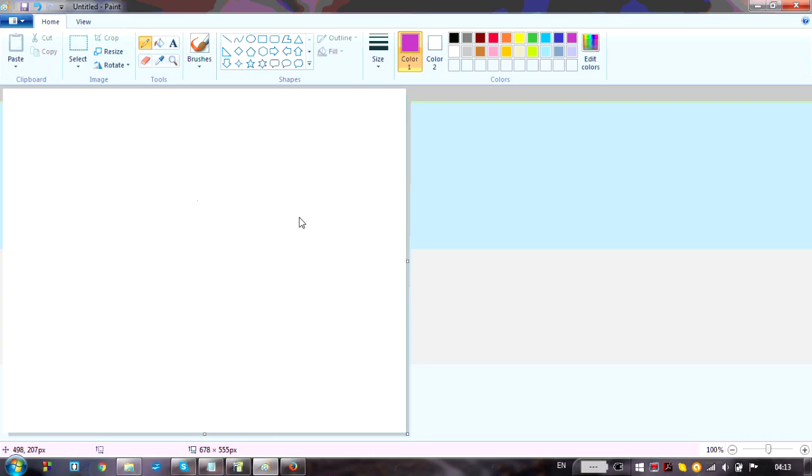For example, if I move the mouse in the left direction, I'm moving it to pixels with a smaller number for column, smaller first number.